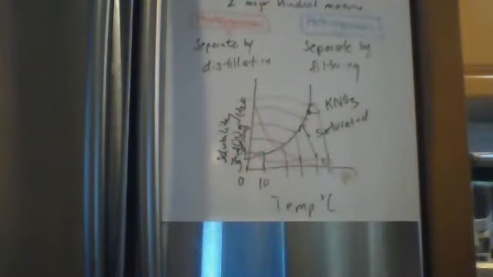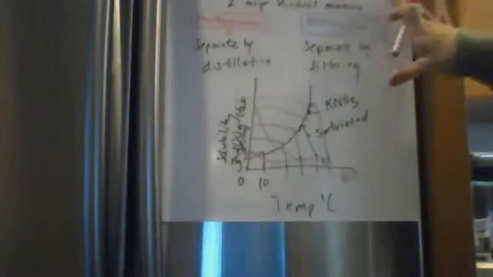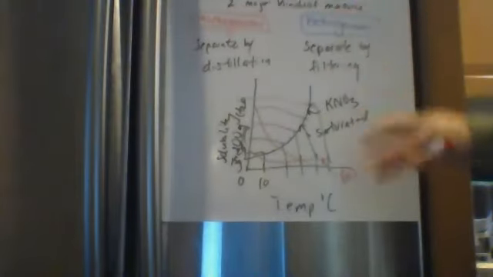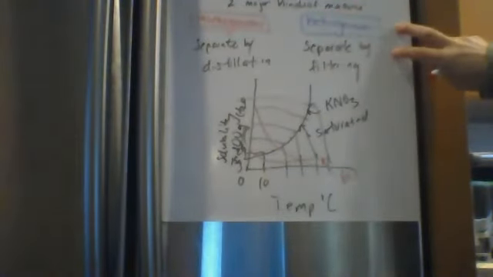Okay? So overall, that's what we're talking about today. We're going to continue with our discussion on using Table G in problem solving on Monday. But today's lesson is mostly focused on different types of mixtures, what makes a mixture. You have the heterogeneous one that you can separate by filtering.